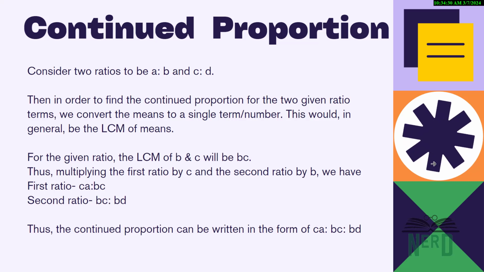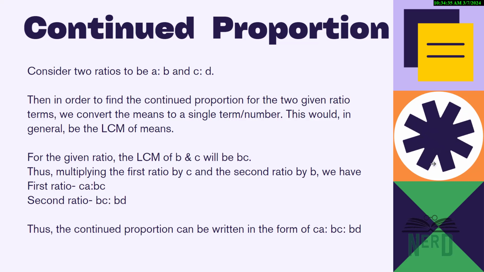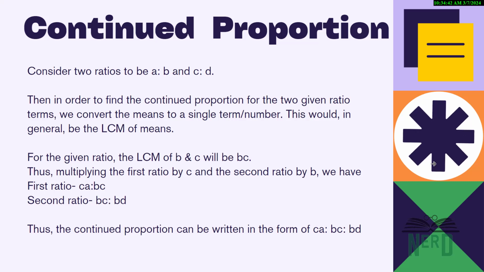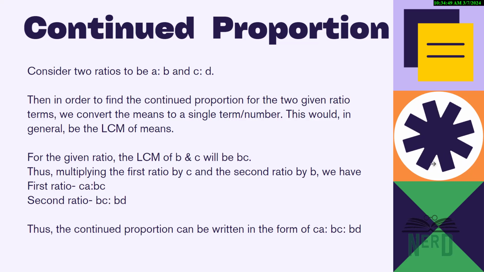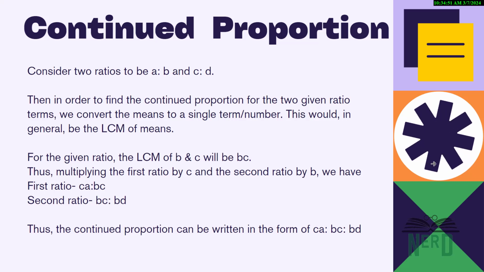For the given ratios, the LCM of B and C will be BC. Then we have to multiply the first ratio by C and the second ratio by B. The first ratio becomes AC:BC, so the second ratio will obviously be BC:BD. You'll understand this with the example.